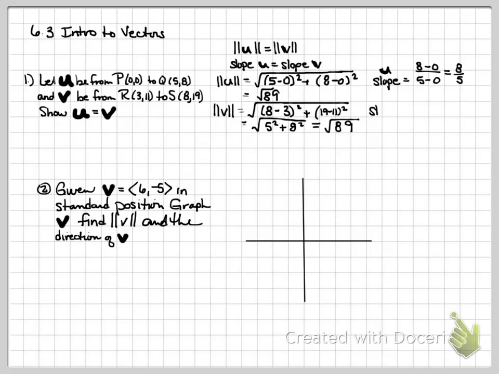Now for the slope of v, I'm going to take 19 minus 11 over 8 minus 3. 19 minus 11 is 8. 8 minus 3 is 5.